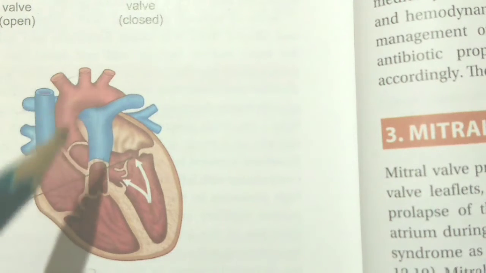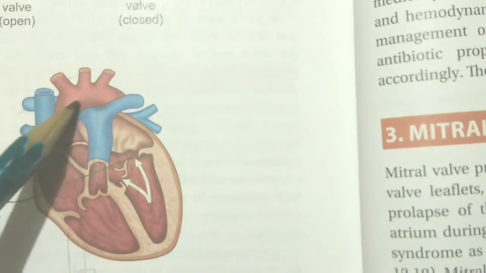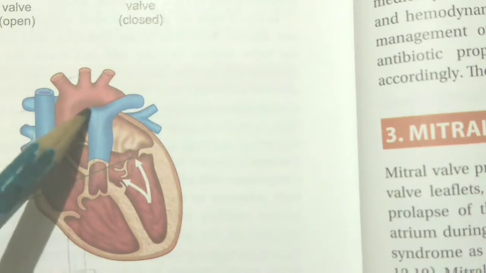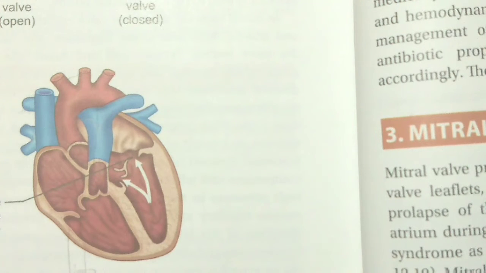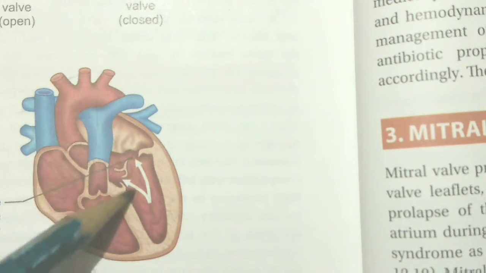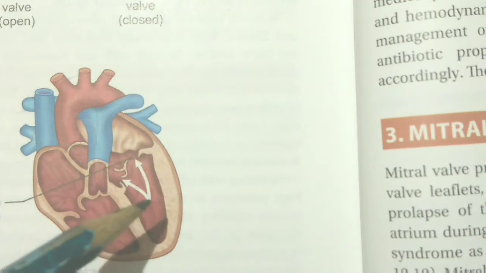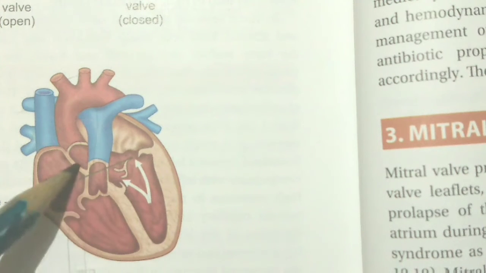So from the aorta, blood goes to the rest of the body, and branches of the aorta go into the carotid artery, brachial artery, and all the arteries of the body. This blood is oxygenated, and approximately 70 ml of blood is pumped into the aorta through the left ventricle.